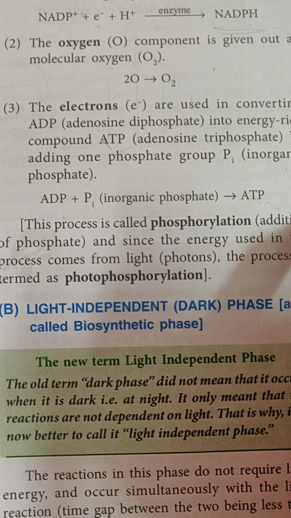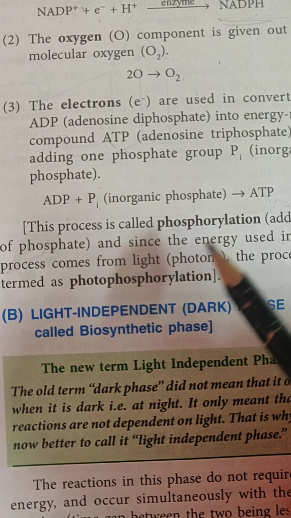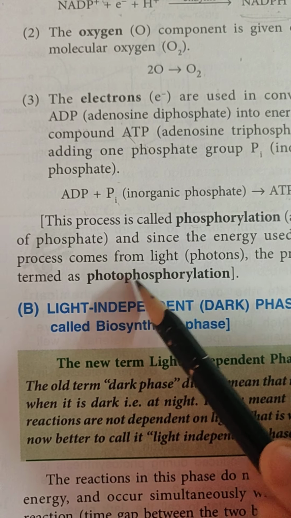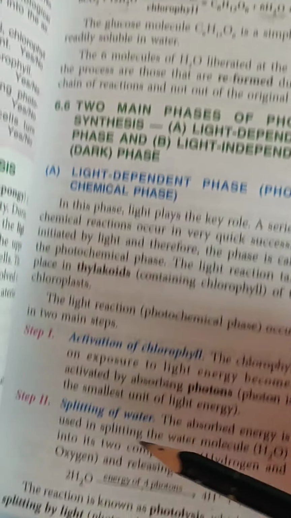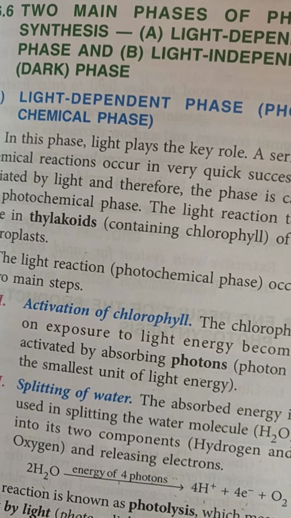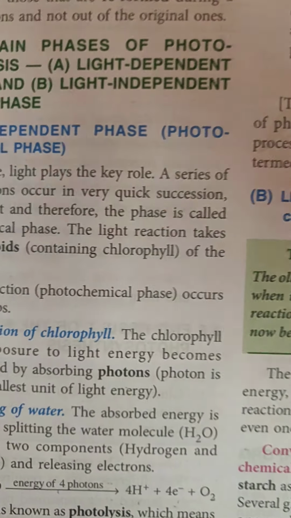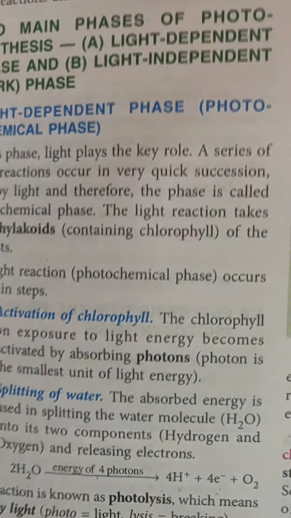Phosphorylation because phosphate addition has taken place, and the light energy used is of photons, so photophosphorylation. Similar to photolysis: lysis is breaking down, but using light energy, that's why photolysis. So let me do a quick recap.